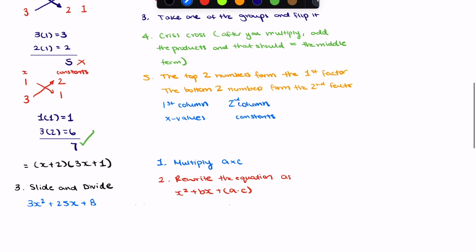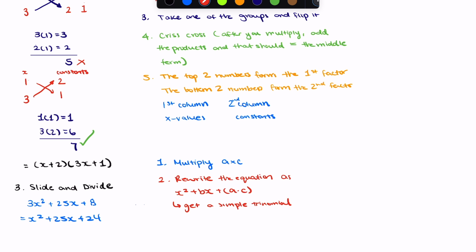Okay, so in this example, we're writing it as x squared plus 25x plus 24. And as you can see now, it becomes a simple trinomial. A lot simpler to factor.